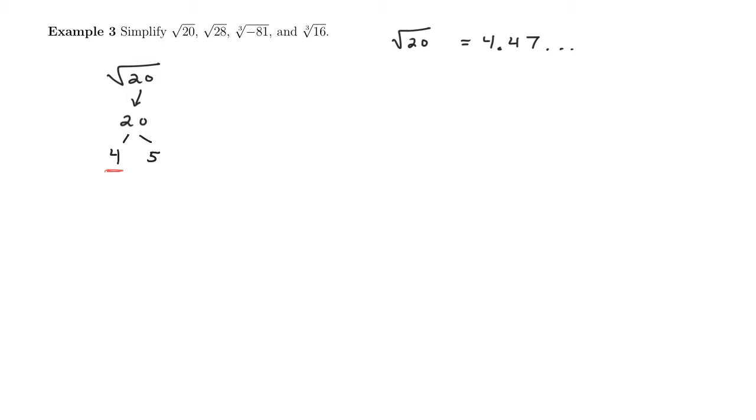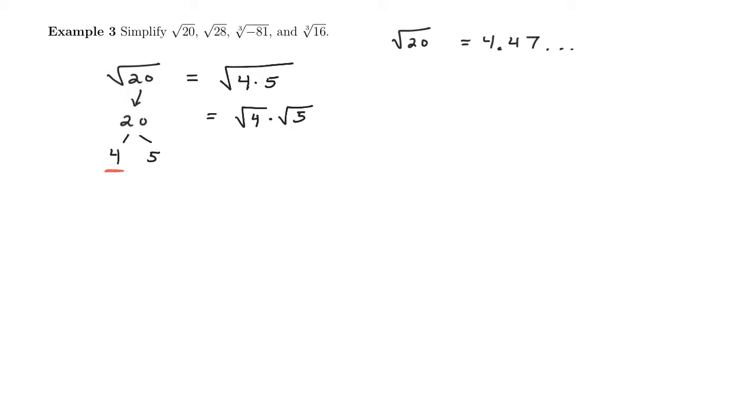And if I take the square root of 4, it gives me 2. So I'm breaking 20 apart into 2 numbers, one of which at least the square root will be nice for. So if I work this out, the square root of 20 is the same thing as saying the square root of 5 times 4. And that's the square root of 4 times the square root of 5.